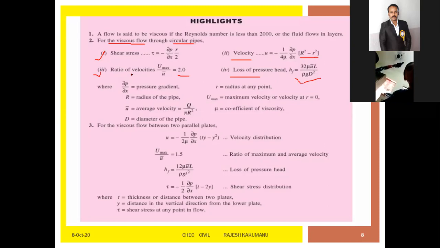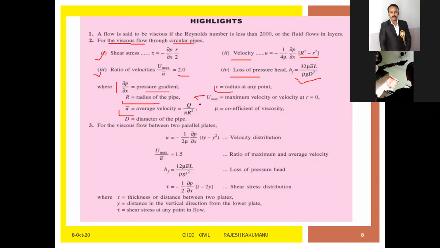The notations related to this: dou P by dou X is the pressure gradient. Capital R is the radius of the pipe. Small u bar is the average velocity, which equals Q by A, discharge by area. Small r is the radius at any point.